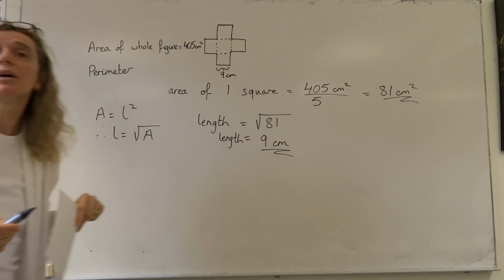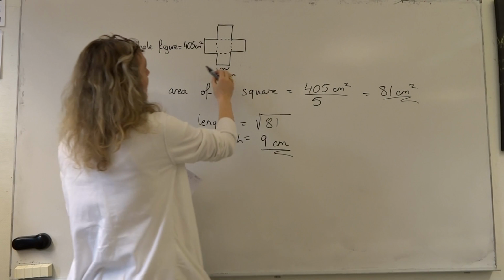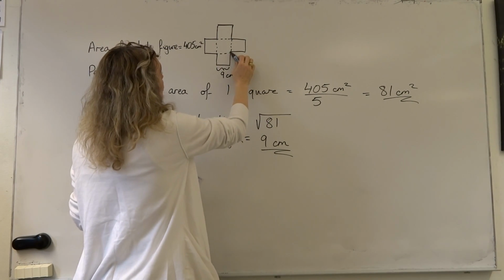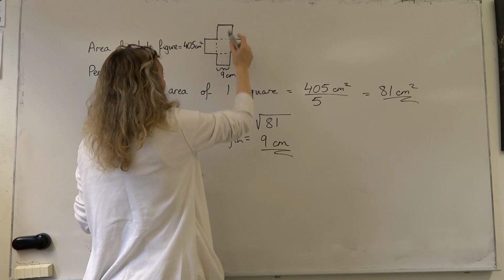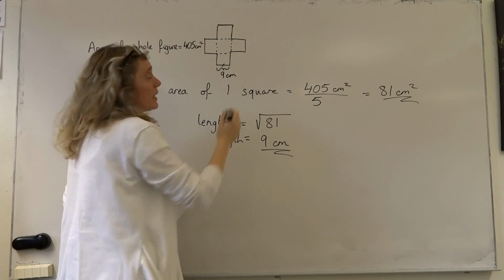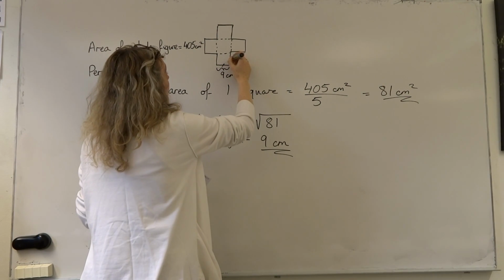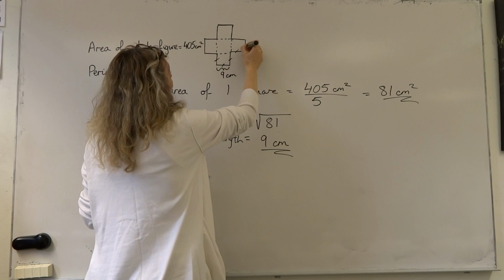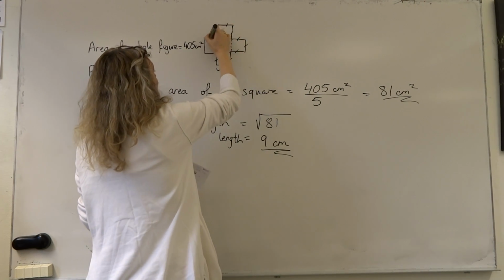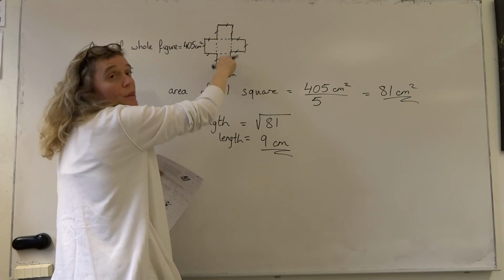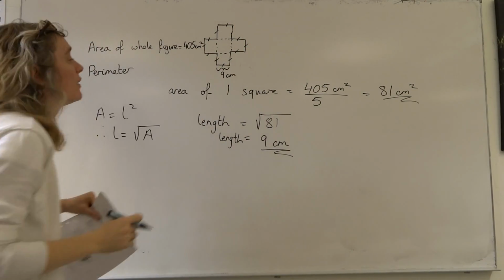To get the perimeter, we have to count the number of edges, the number of sides that we have. 1, 2, 3, 4, 5, 6. And it helps to put a little line through them so you don't miss one. 1, 2, 3, 4, 5, 6, 7, 8, 9, 10, 11, 12. Or you've got 3 multiplied by 4, giving you 12.